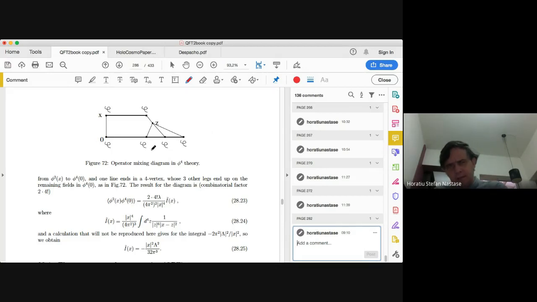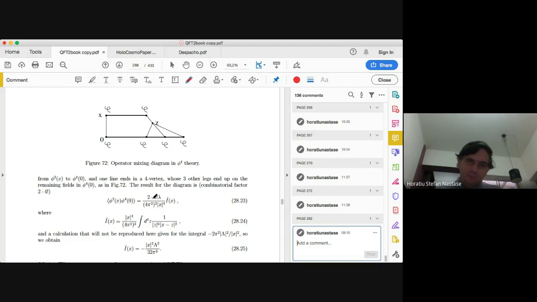And the 2, yeah, the 2 is because I can also cross the line. So I can do it like this and this, I guess. Well, okay, I don't remember exactly how to count the extra factor of 2.